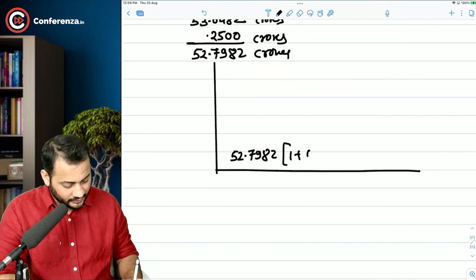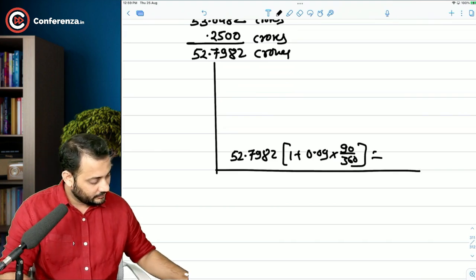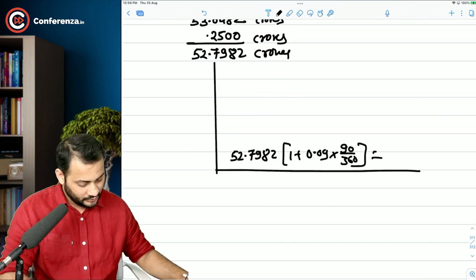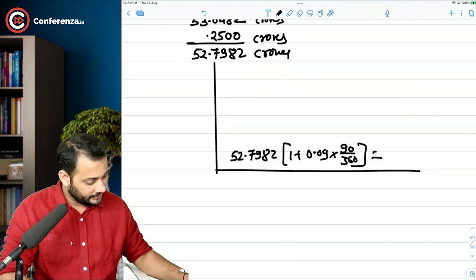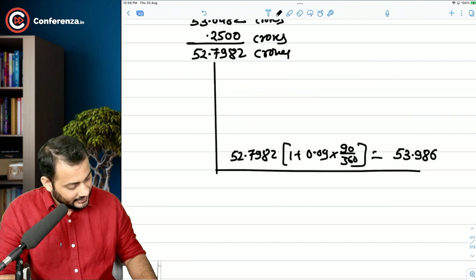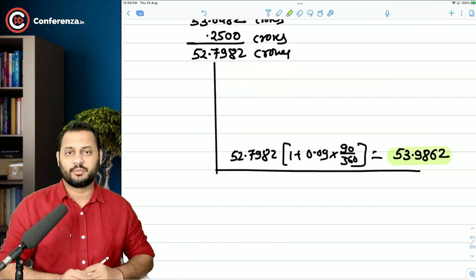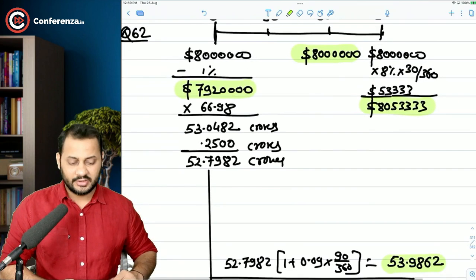52.7982 into bracket 1 plus 0.09 is the rate for 90 days, right? So 0.09 into 90 by 360 plus 1 into 52.7982. So that's 53 crore 98 lakh 62,000 rupees of outflow in the first option. Do you understand that?